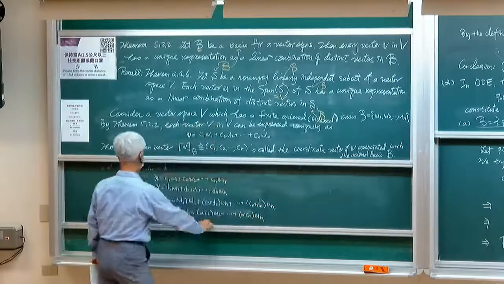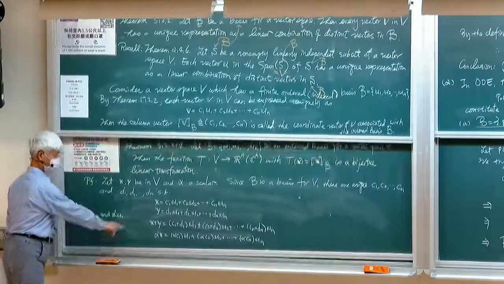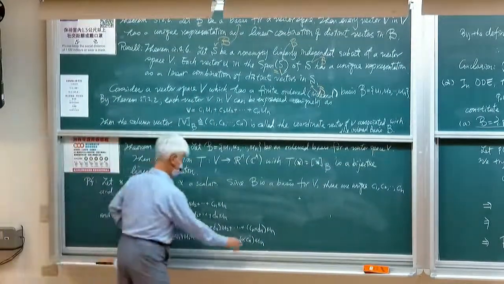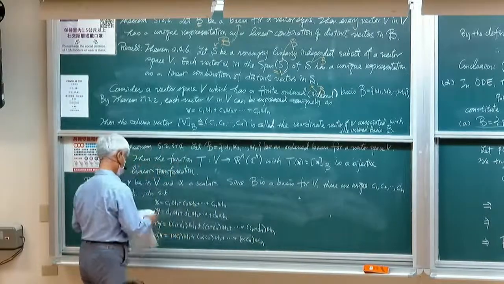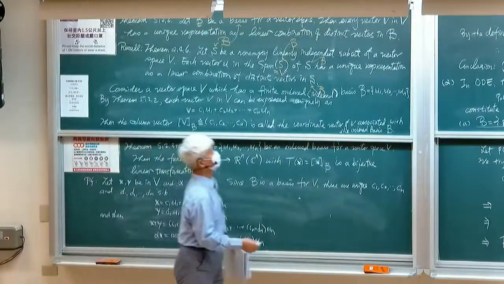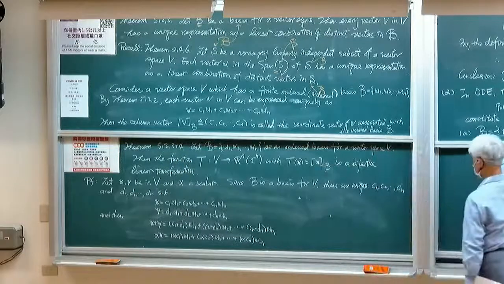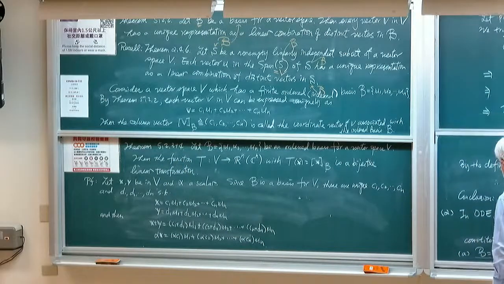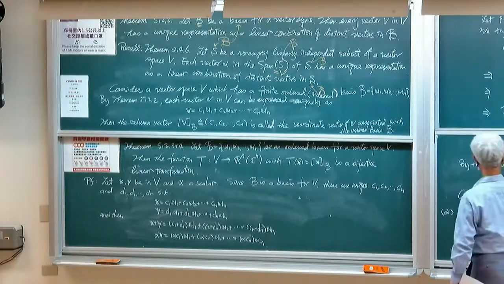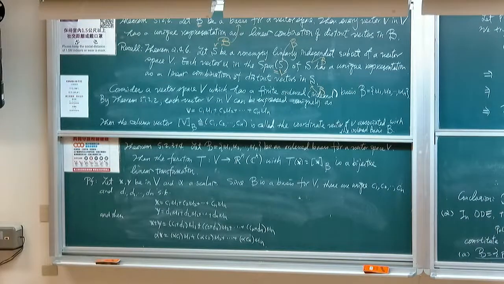Okay, right, so we have all these data there. Now we take coordinate vectors associated with basis B.